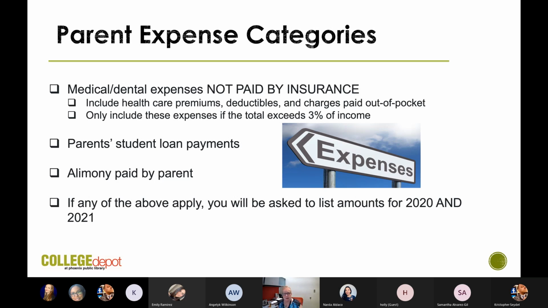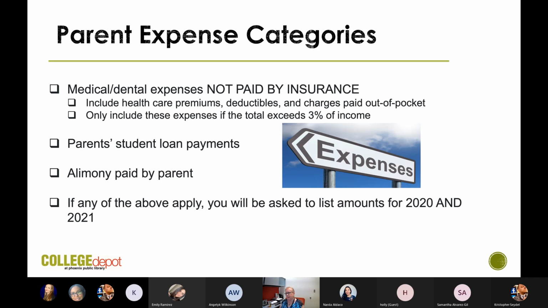But if you are still making student loan payments, even during a pandemic, and you are a parent, here is one of the only opportunities you will ever have to list what it is that you paid, because they want to take into account what you're paying off for yourself as a parent. And if you had to pay alimony, then you are able to list the amount that you paid here, not child support, alimony to an ex-spouse.